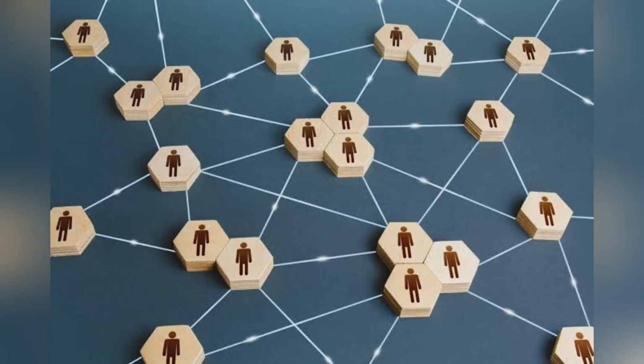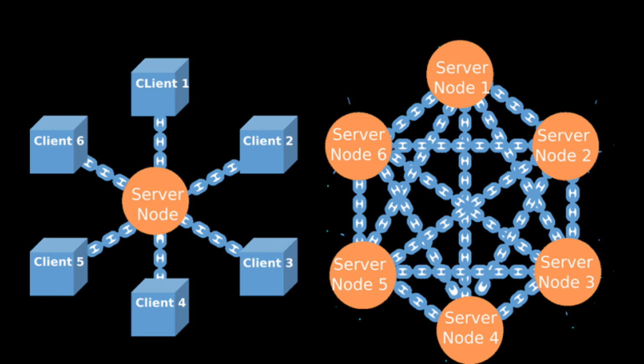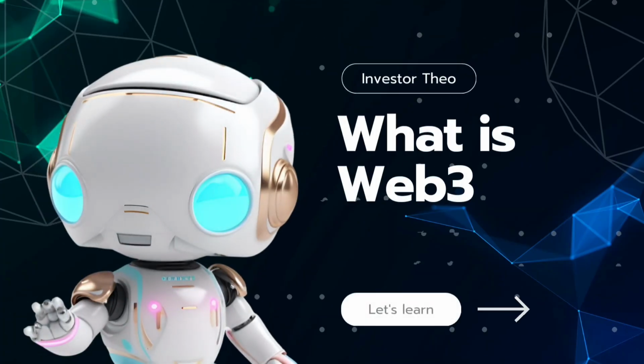Whereas Web3 apps run on a blockchain network, which means there's no single company controlling the data and it spreads across thousands of nodes globally. Even if one node shuts down, the system keeps running because Web3 is more secure and transparent, and this makes it the best option for us to work with right now.